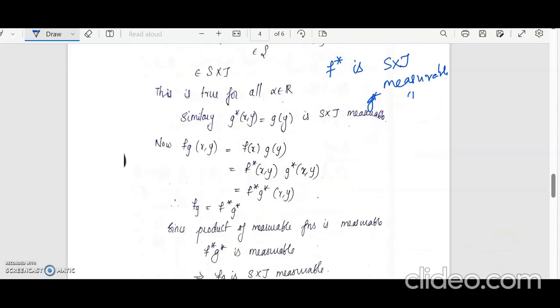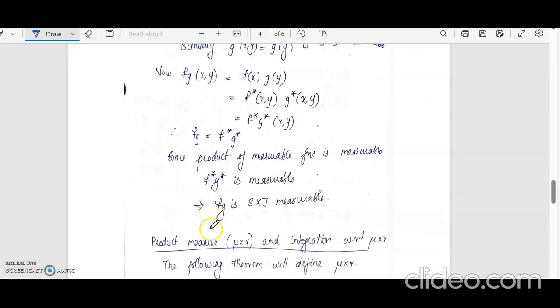By our construction, fg is defined as f star g star. So f into g is the same as f star g star, which will be S cross J measurable. We started with f and g measurable with respect to S and J respectively, and their product is f star g star, which is S cross J measurable. Therefore this proves that fg is S cross J measurable.